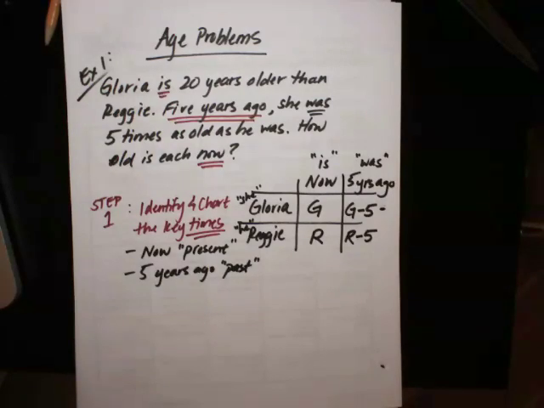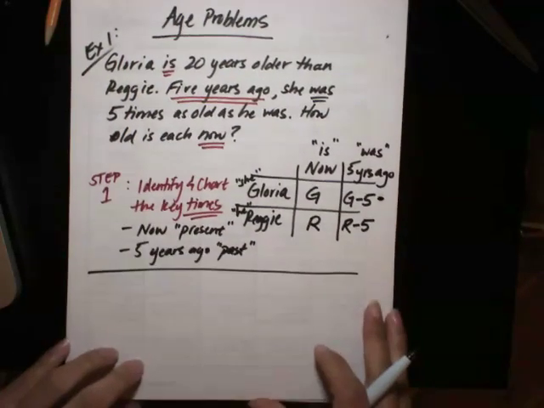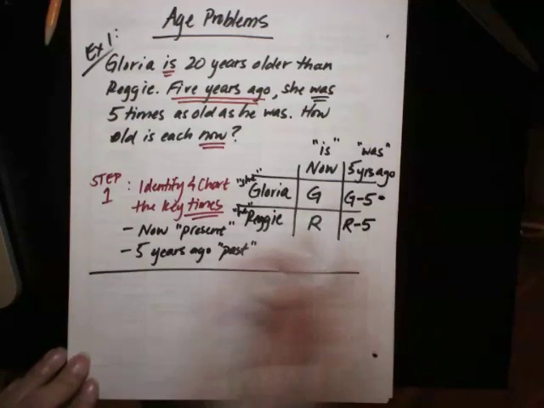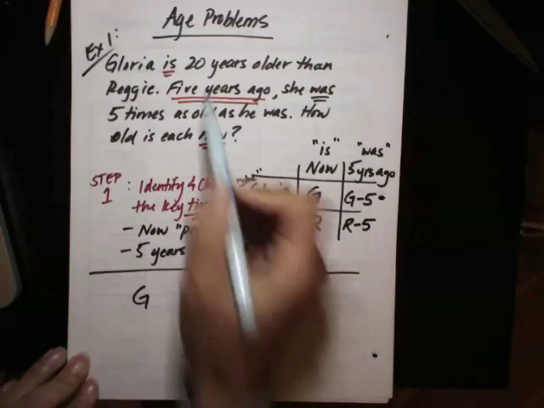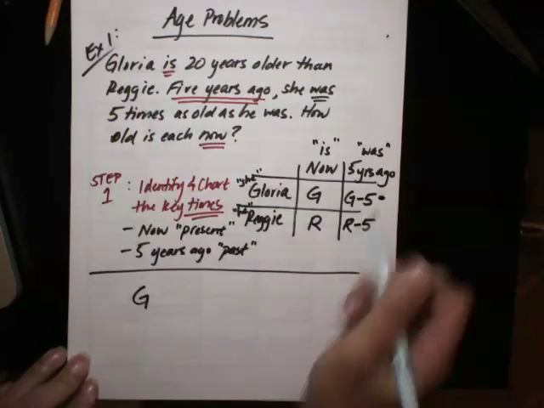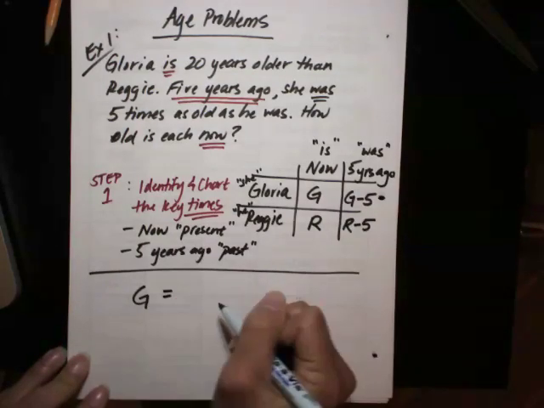Let's take apart the very first sentence. Gloria is, so I'm going to use G, 20 years older than Reggie. Well, Reggie is R. Gloria is 20 years older.